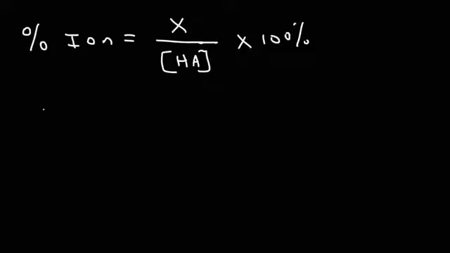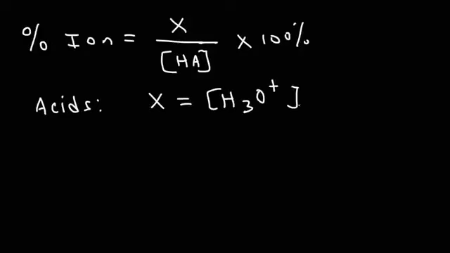And when dealing with acids, for the most part, X is usually the H3O+ concentration. So you can find it from doing an ICE table, or if you know the pH, you can find it that way as well. When dealing with weak bases, X is usually the hydroxide concentration. So those are the formulas that we're going to be using throughout this video to calculate different things.